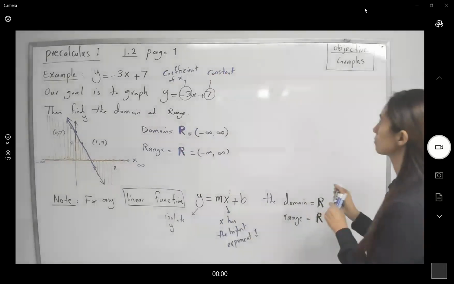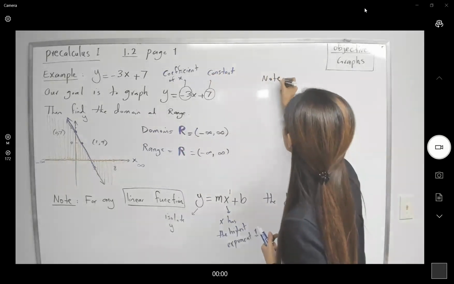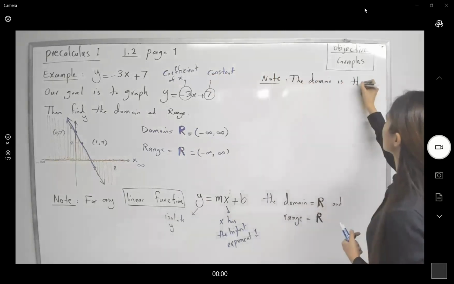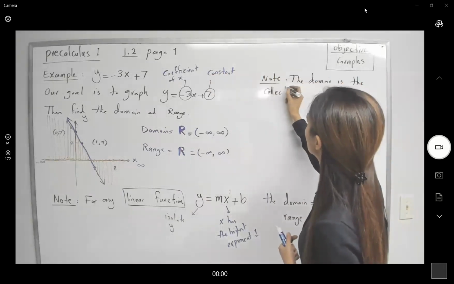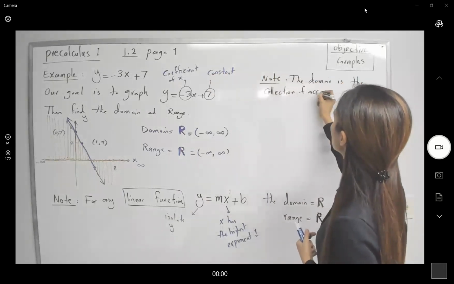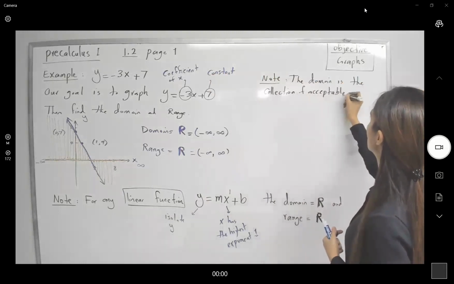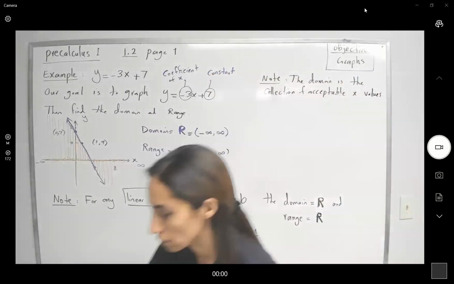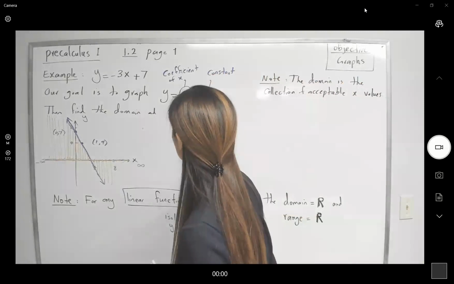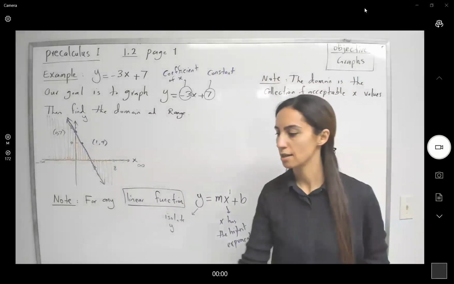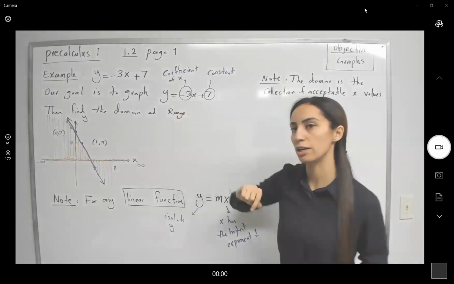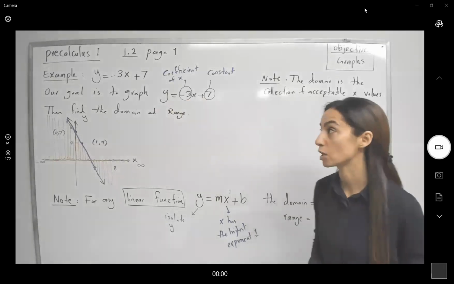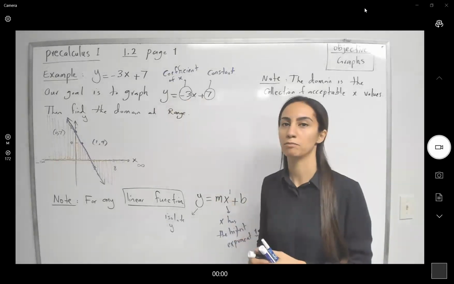Another note for you: the domain is the collection of acceptable x values. So what do they mean, acceptable x values? It means that if I take that x and plug that into this relation, my y is not an error.